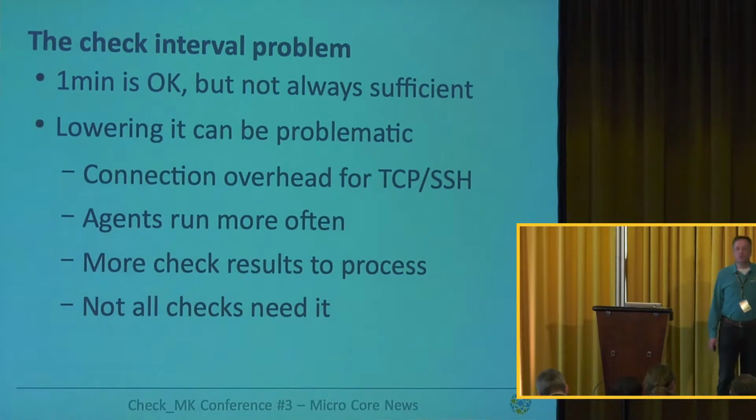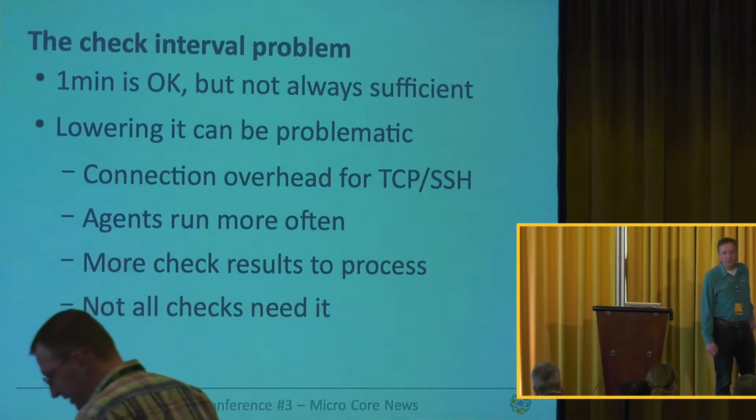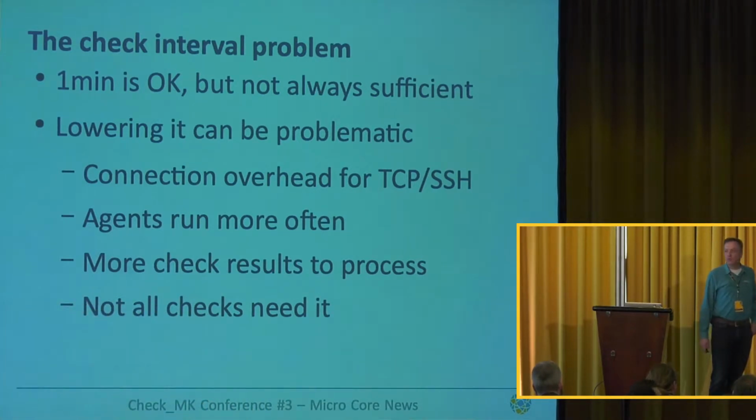I mean, a 1 minute check interval is, as a rule of thumb, fine for most things, but of course not in every case. Let's say memory usage or other memory issues. In 1 minute, many things can happen. Or sensors that maybe you want to scan, like temperatures. Sometimes a minute is too rough.